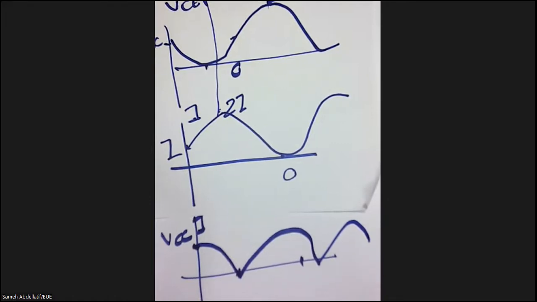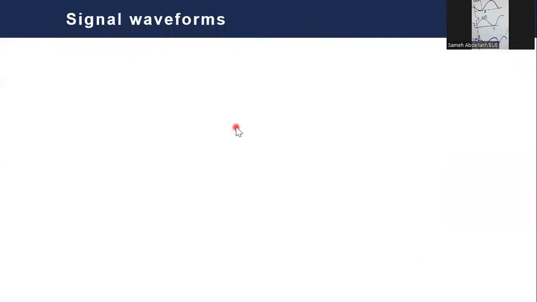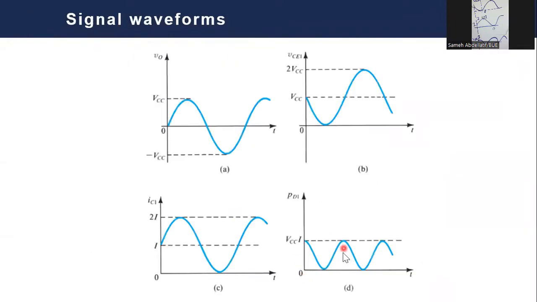Let's do it in a better representation using the slides rather than my very ugly plots. So this is the output, as you can see. Here, this is the power consumed in the transistor. Why are we interested in this power? This is simply because, my dear students, the power consumed here is considered as lost power.